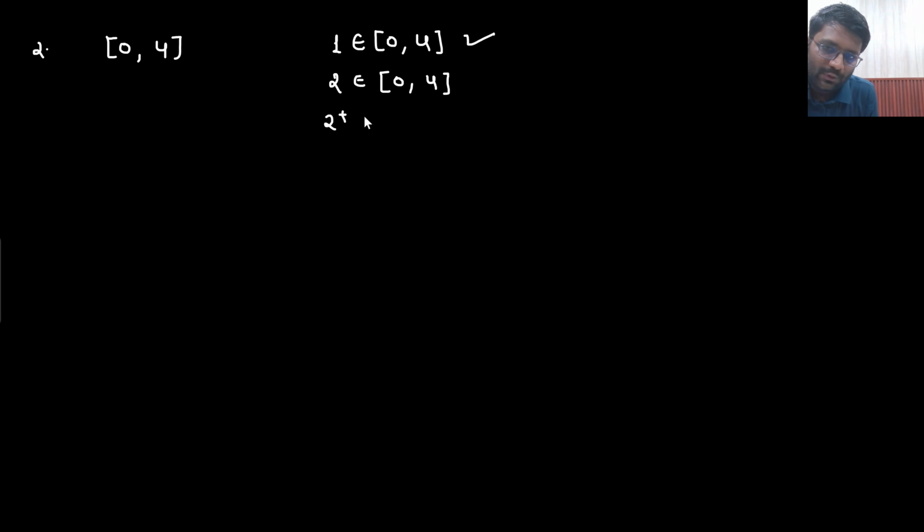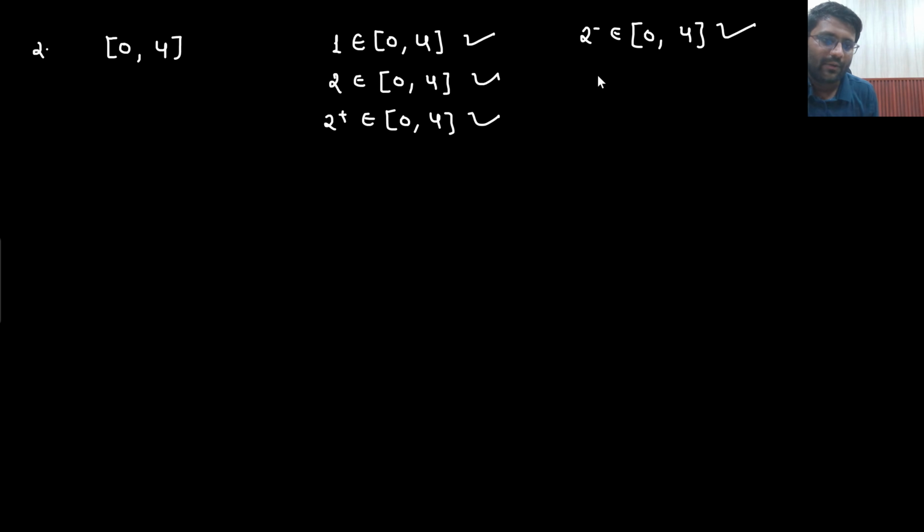Does 2 plus belong? Yes. Does 2 minus belong? Yes. Now I am asking, does 0 belong to the closed interval 0, 4? Yes, sir, it also belongs because it is a closed interval. Closed interval means 0 is also included, 4 is also included.